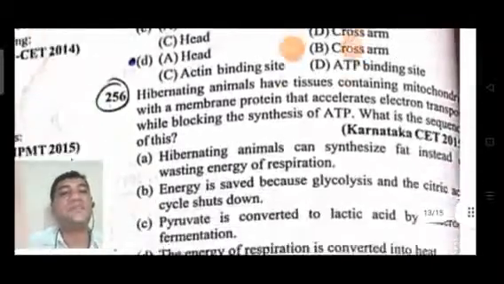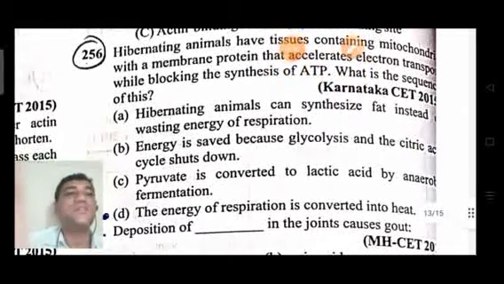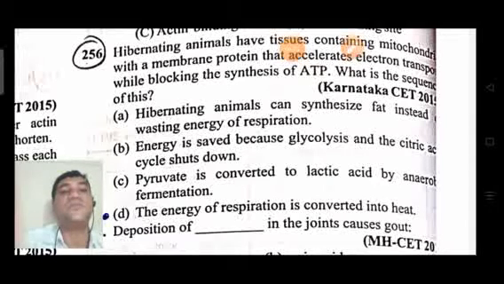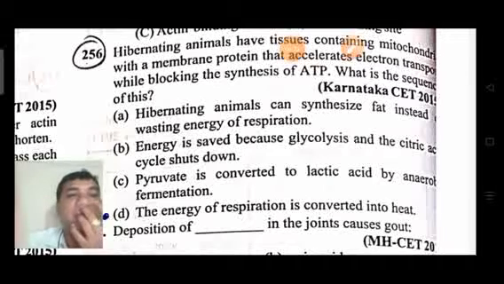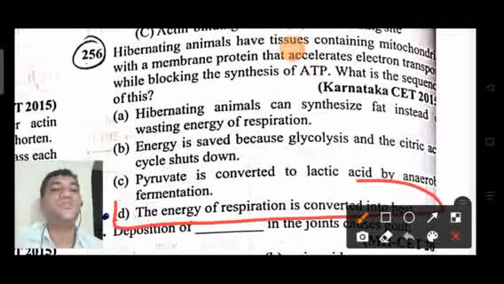So hibernating animals have tissues containing mitochondria with a membrane protein that accelerates electron transport while blocking the synthesis of ATP. This is the consequence. Every time, the hibernating animals produce a certain amount of heat and slow down the metabolic process, and they survive in extreme conditions. So D option.